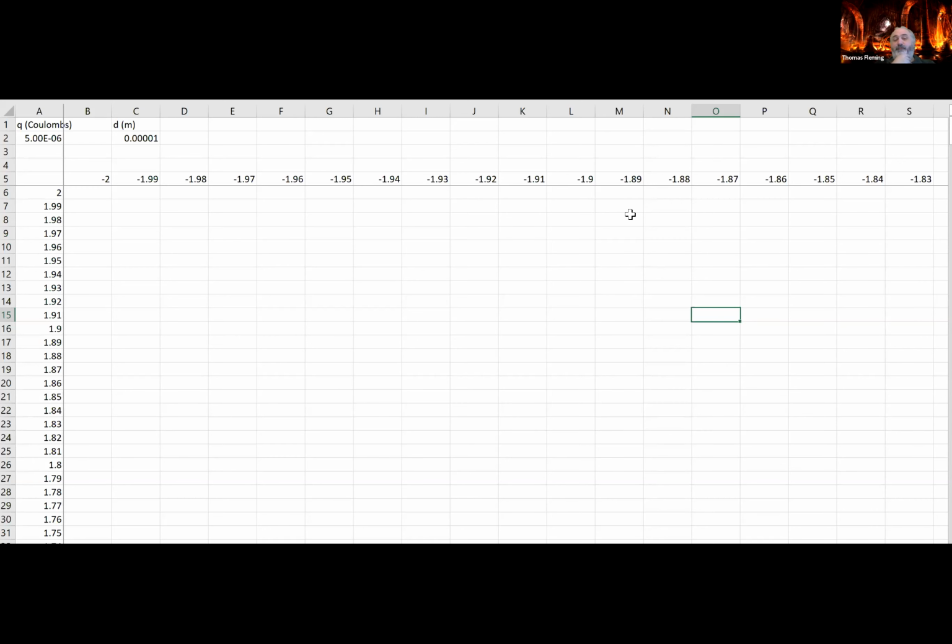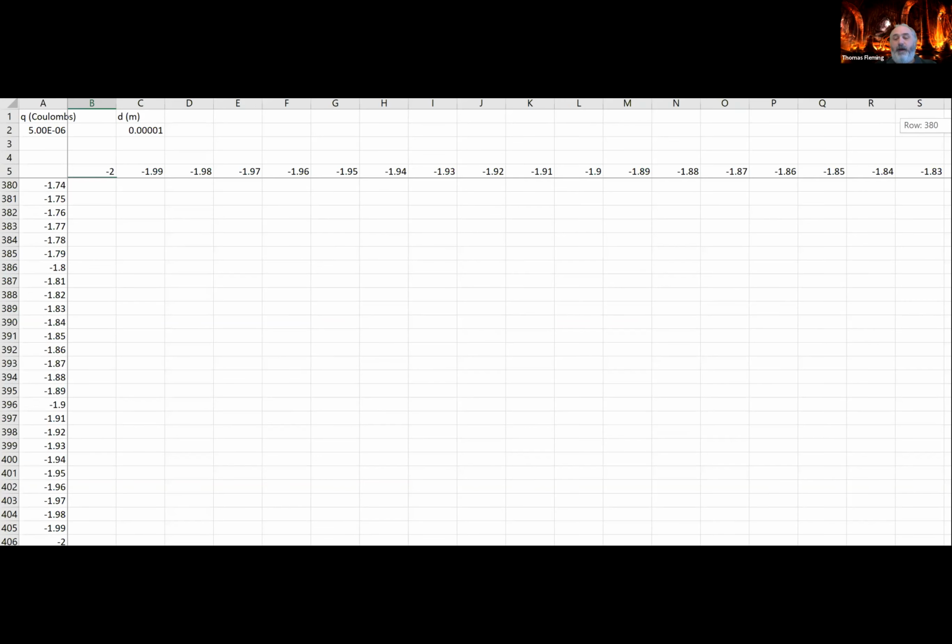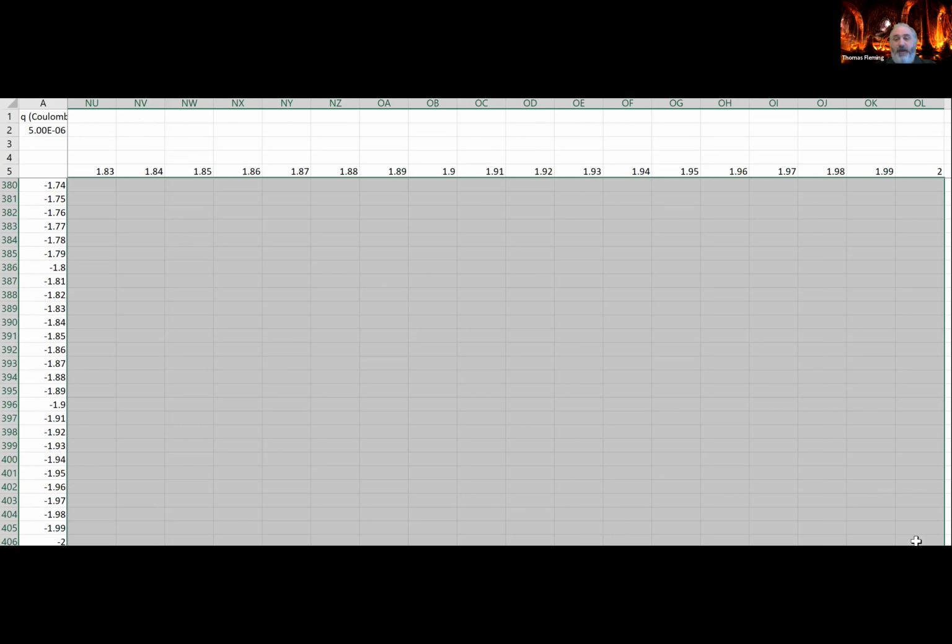And I've cleared out everything, so I'm going to start from scratch, and I'll do the same thing that we did before, where I highlight the entire shebang.